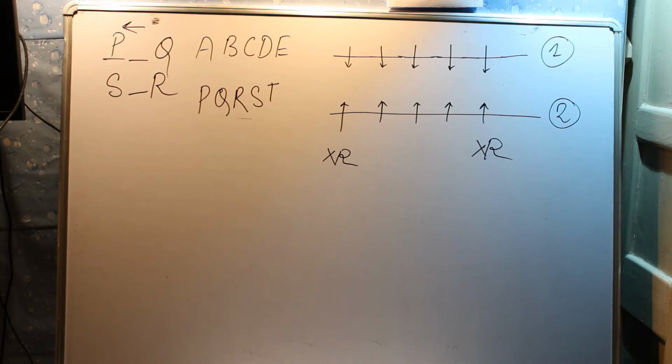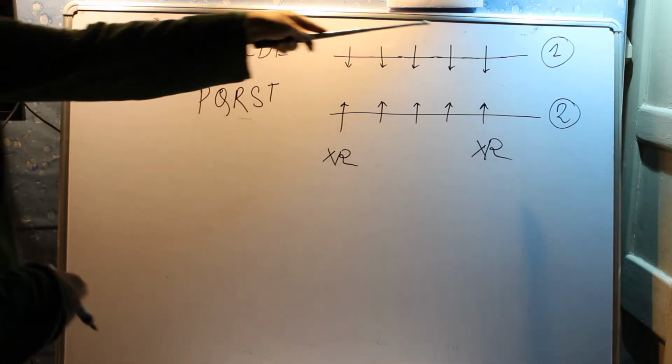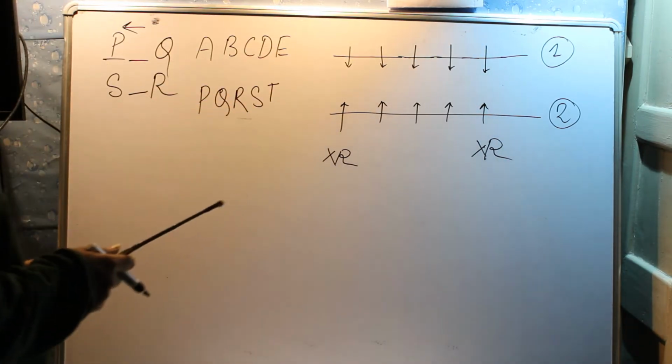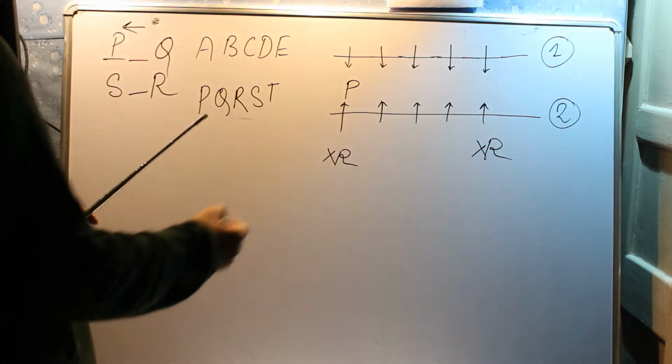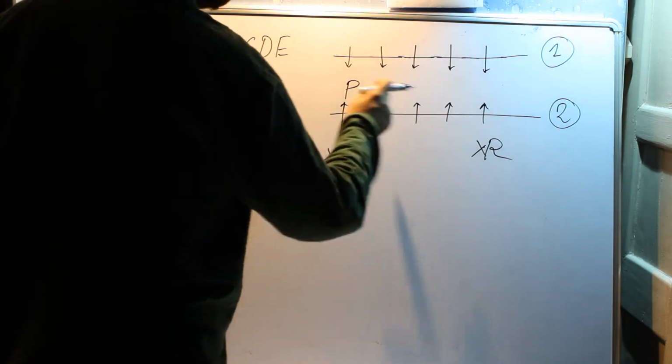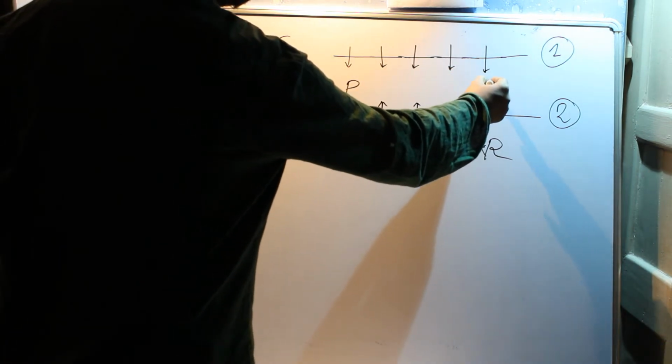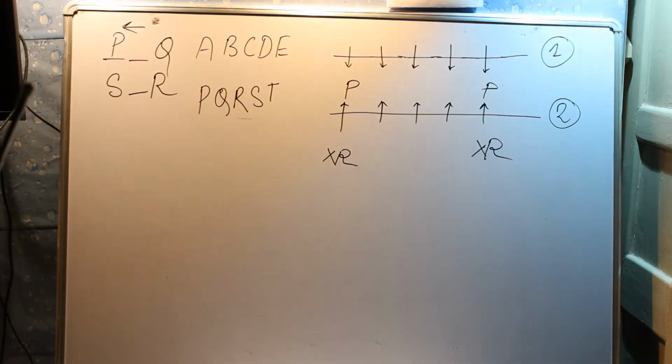One of the people from the extreme ends of row 1 faces P. So this can be either P or this can be P. We are not sure. Okay.